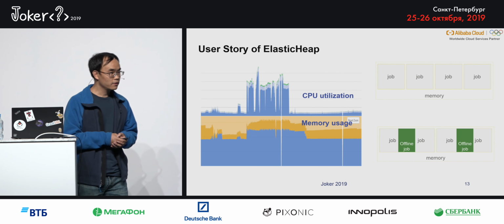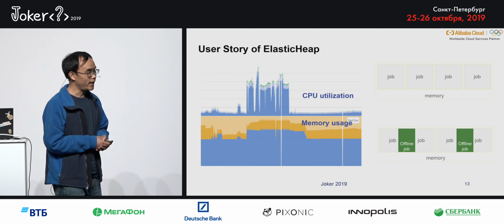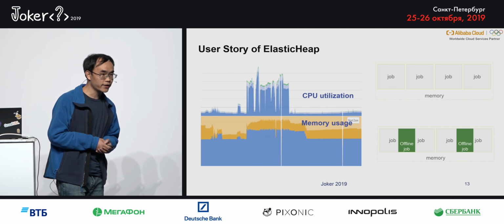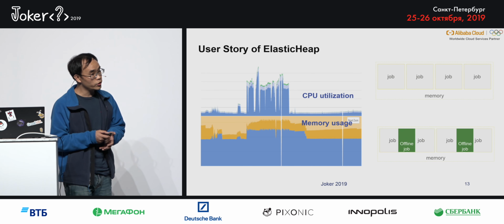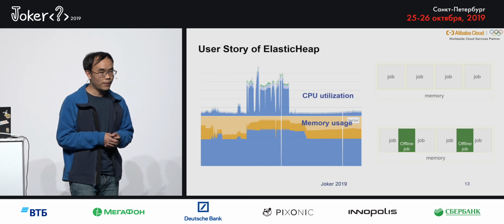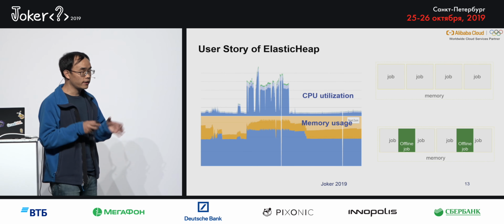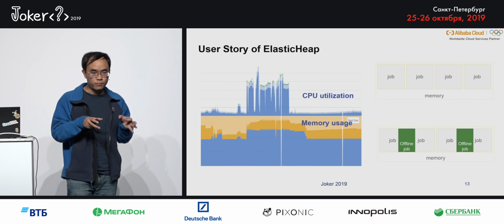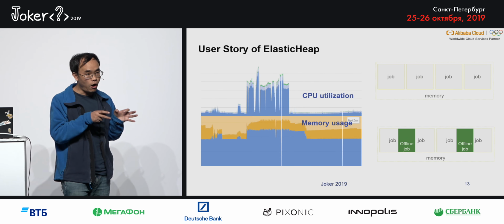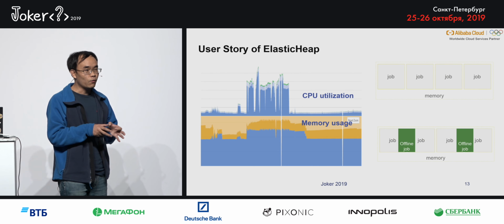So let me go through the details of elastic heap. What's the use case? What's the user story for elastic heap? This is our real use case used in Alibaba production. You can look at this picture. In our production, we have 2 kinds of jobs: online jobs and offline jobs. Online jobs are generally written in Java.